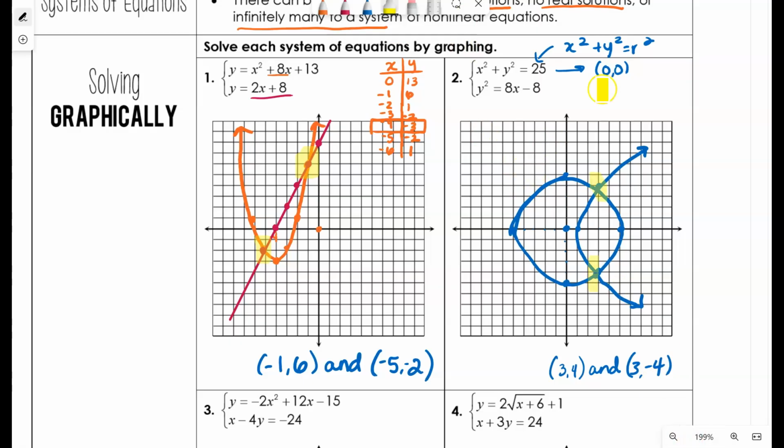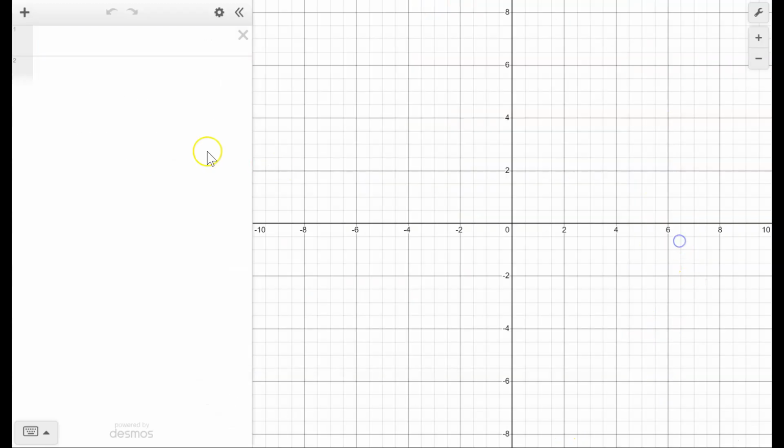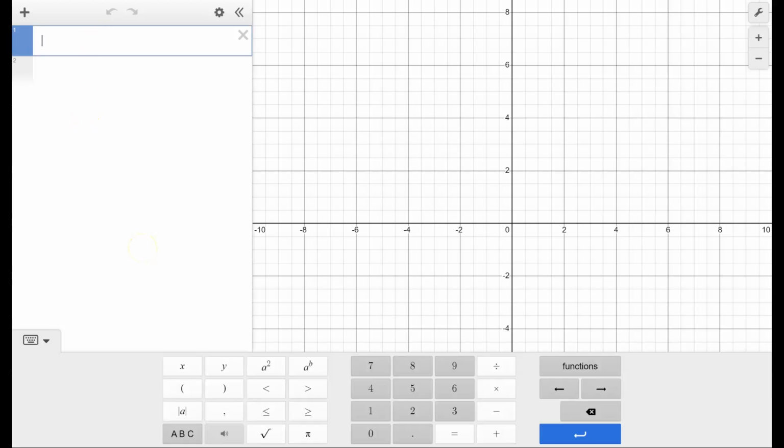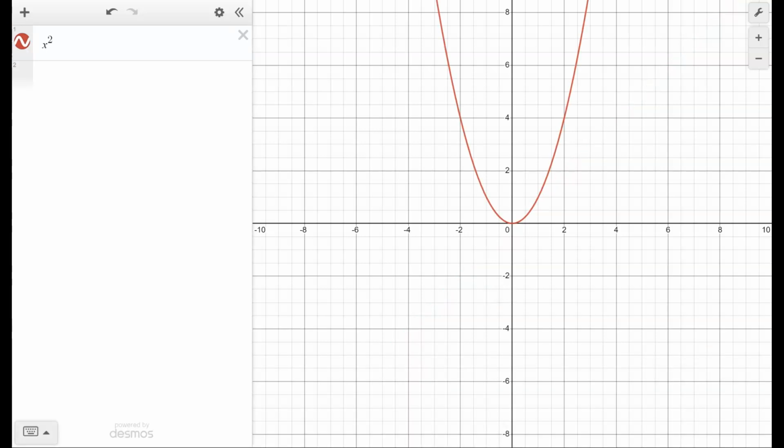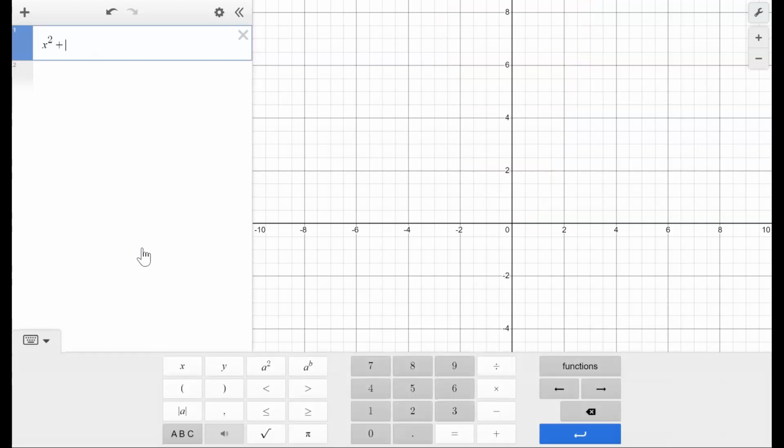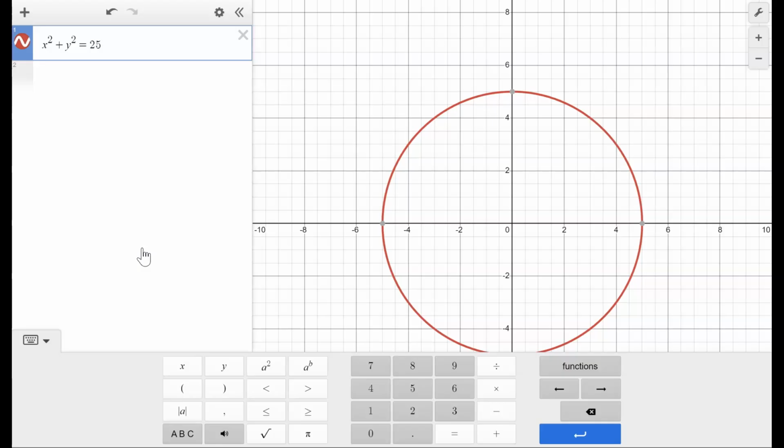Let's take a look at GeoGebra in this case. So for the equation we had x squared plus y squared, and then that equaled 25. So here's our circle.